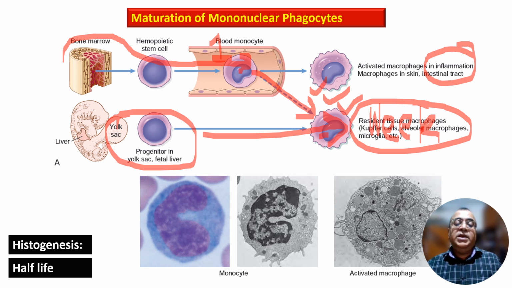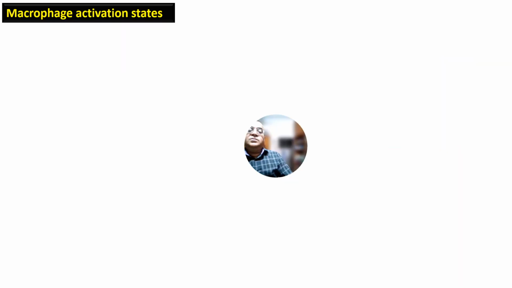This picture is showing a monocyte with a bean shaped or kidney shaped nucleus and the activated macrophages. These activated macrophages are showing increased activity within the cell cytoplasm, a bit larger in size, and the nucleus is opened up, they have got more synthetic activity.